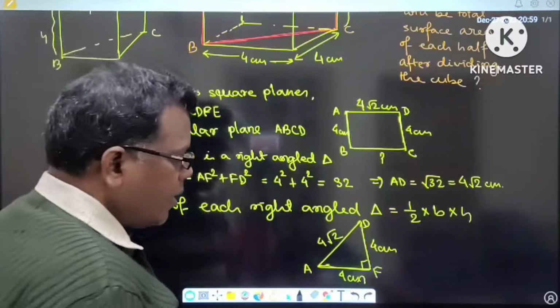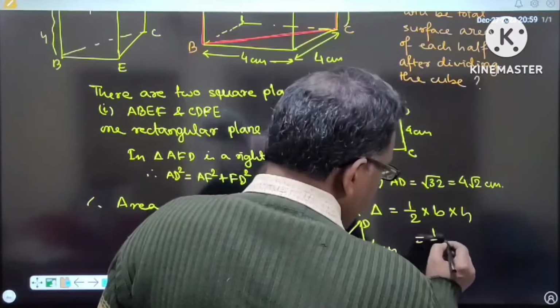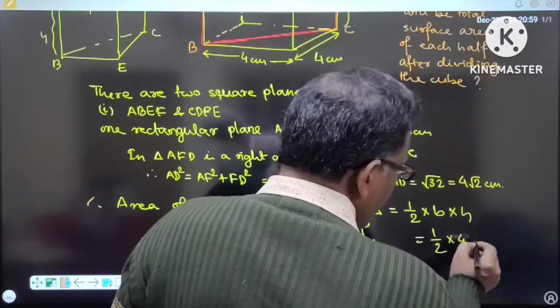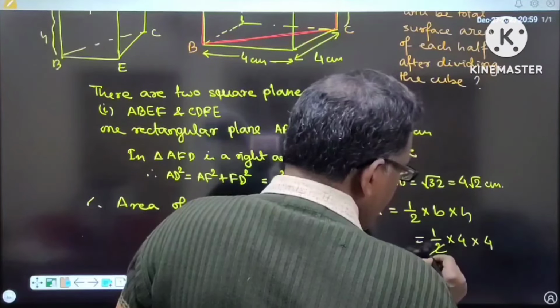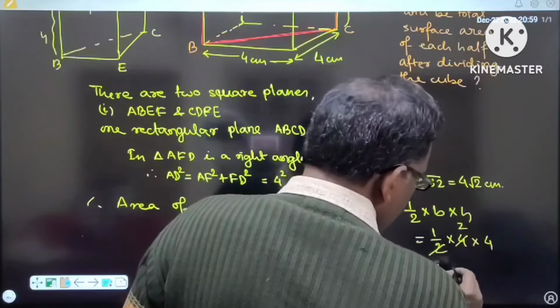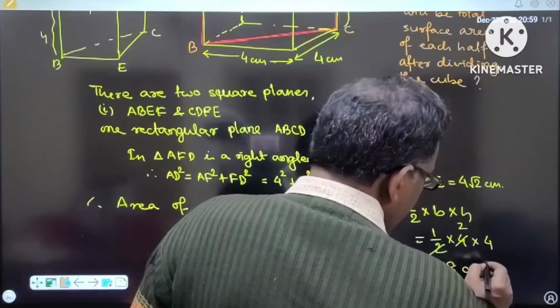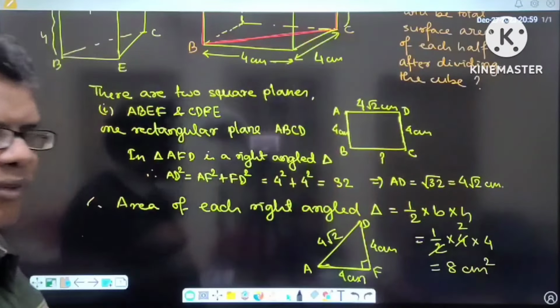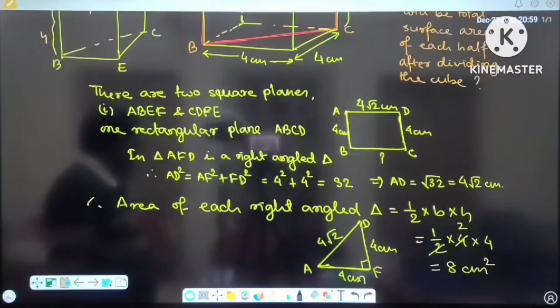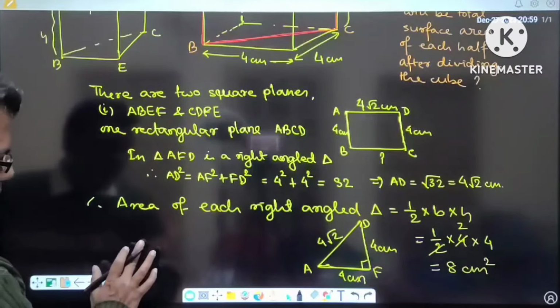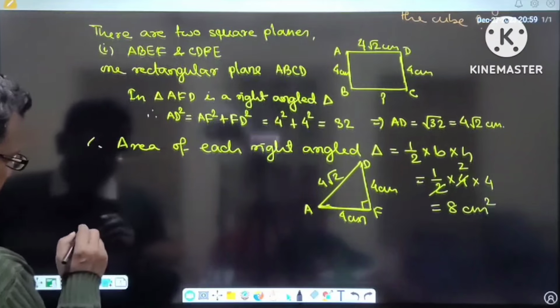Yes or no? So this can be written as half into 4 into 4. So 8 centimeter square will be the area of each triangular portion. So there are 2 such triangles.